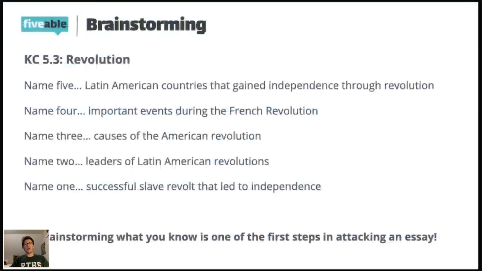One way of arriving at how I'm going to begin to answer this question, and choose something that is meaningful to write about, something I know about and can communicate in a very short amount of time, because this is a rough draft after all, the best way to start that process is brainstorming. So this is basically a drill that I like to use with my students as we review for tests. Brainstorming what you know is one of the first steps in attacking an essay.